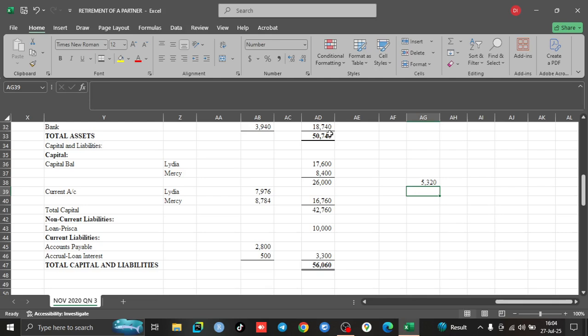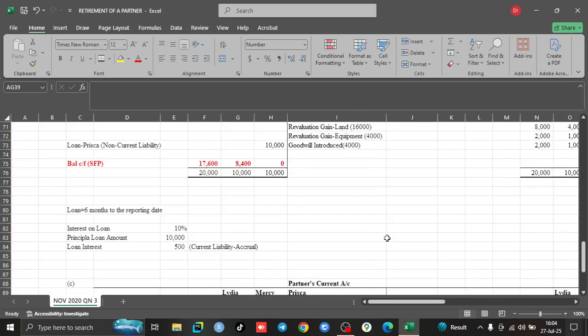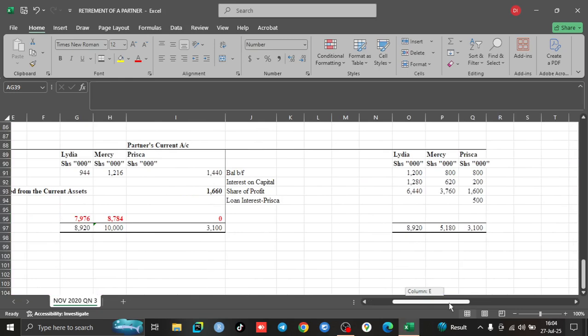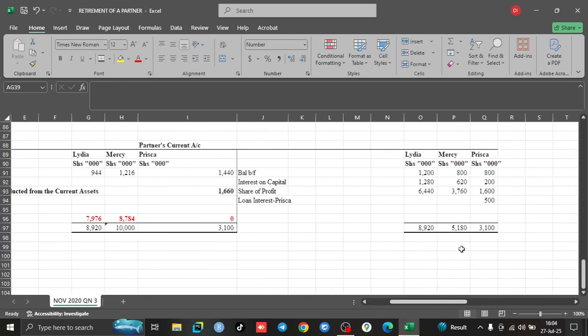So we can backtrack our steps and see what we did wrong. I've actually seen the place we made an error. So it's in our current account here. In our current account, this is the amount due to Mercy, 5180, and then the total here, I forgot to adjust the total.